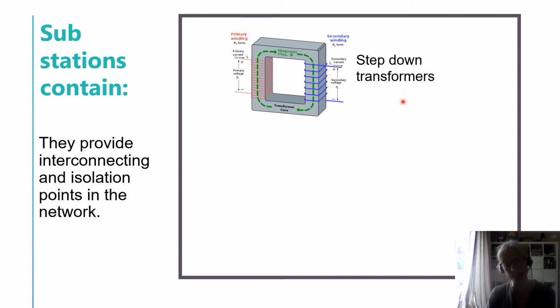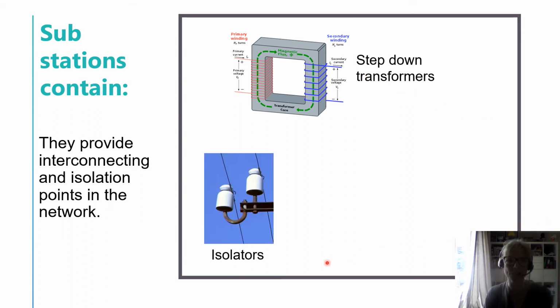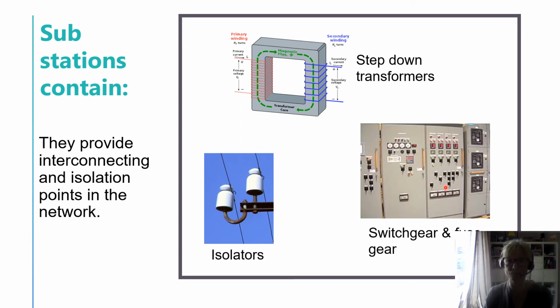If it was a step-down transformer, it would have more windings on the left where the supply is coming in and less windings on the right, as you can see here, for the distribution voltages, for the lower voltages. So big number of windings to small number of windings on a step-down transformer in your substation. And we also have isolators there. And we also have big switch gear and fuse gear.